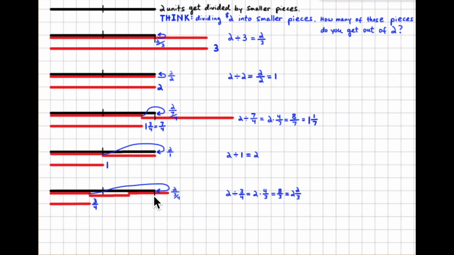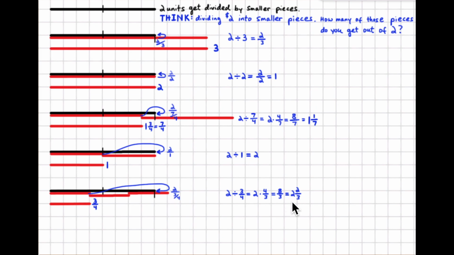And those 2 quarters are 2/3 of a stack, or 2/3 of 3/4. So 2 divided by 3/4 is equal to 8/3, which is the same as 2 and 2/3.